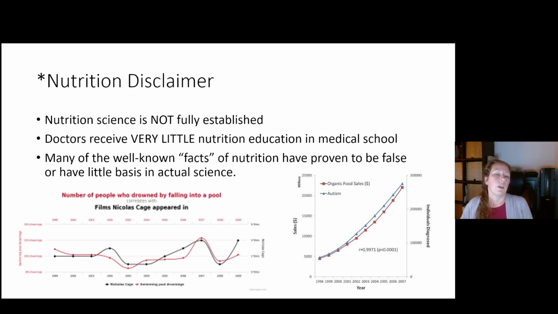In overall conclusion of this slide, the field of nutrition is ever evolving, and there are many nutritionists in the field for whom that Ancel Keys study is still used today to tout the fact.